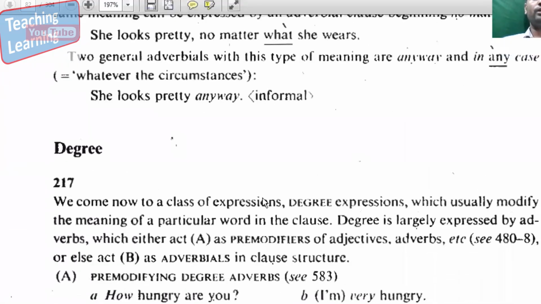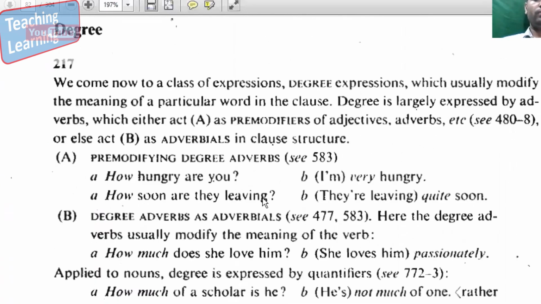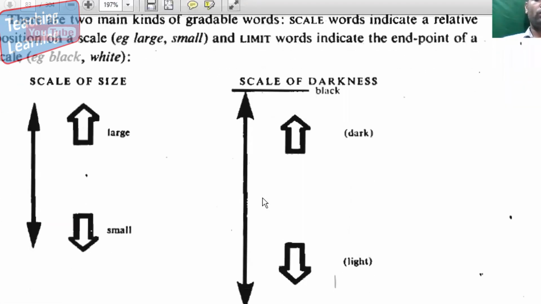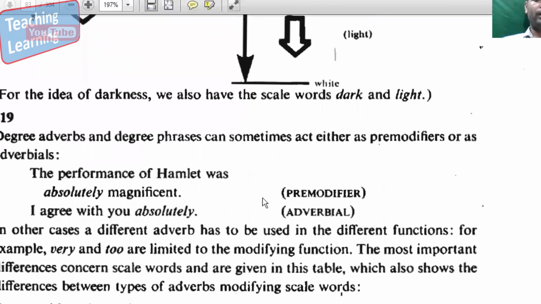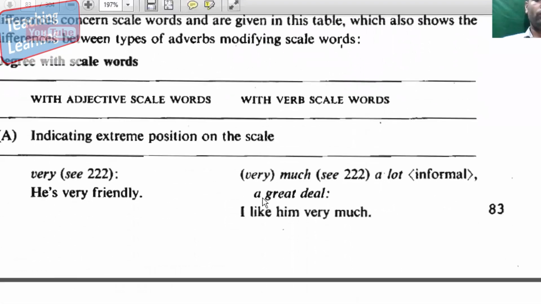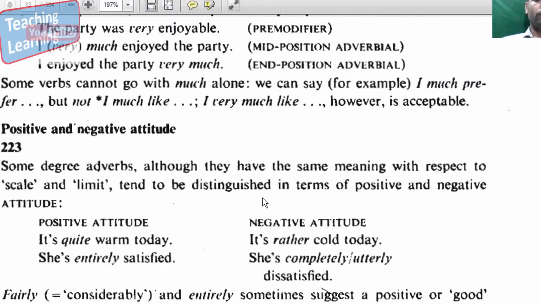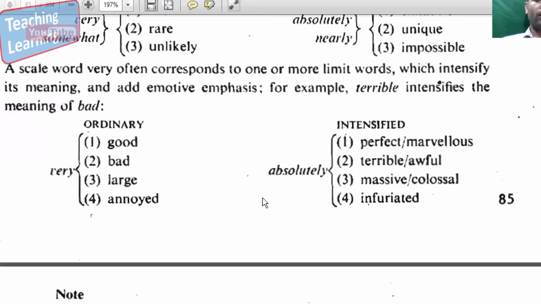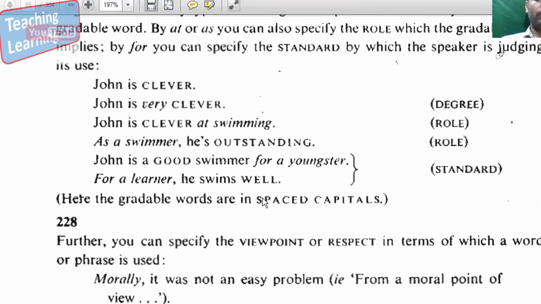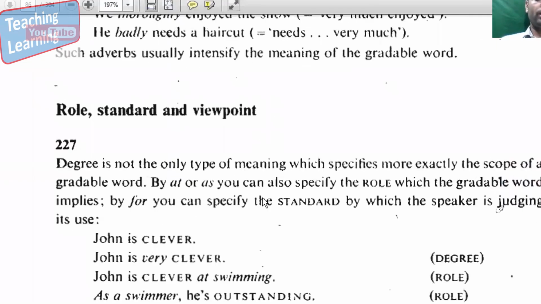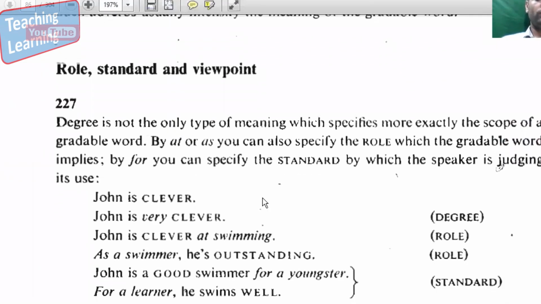Degree: positive, comparative, and superlative. Scale of darkness: black, dark, light, white. Then whatever we do, role, standard and improvement.